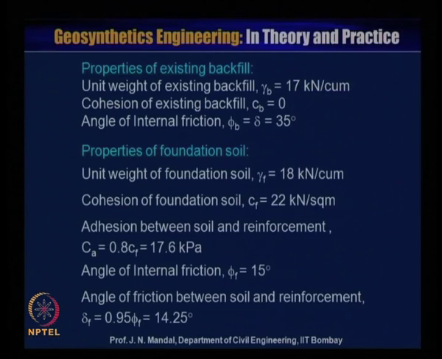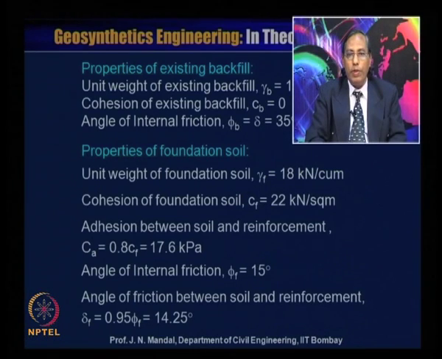Now properties of the existing backfill. Unit weight of the existing backfill gamma B is 17 kilonewton per cubic meter. Cohesion of existing backfill Cb is equal to 0. Angle of internal friction phi b is equal to delta is equal to 35 degree. Properties of foundation soil: unit weight of foundation soil, gamma F, is equal to 18 kilonewton per cubic meter. Then cohesion of foundation soil Cf is 22 kilonewton per meter square.